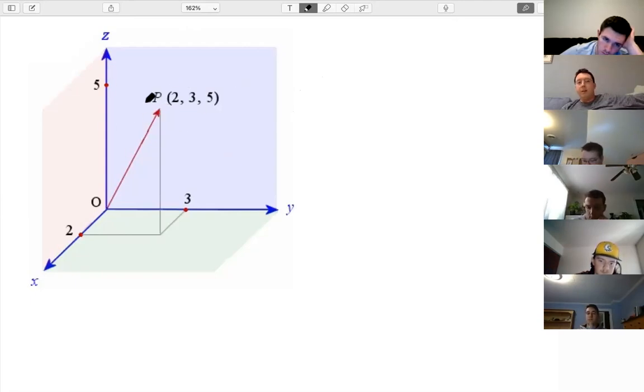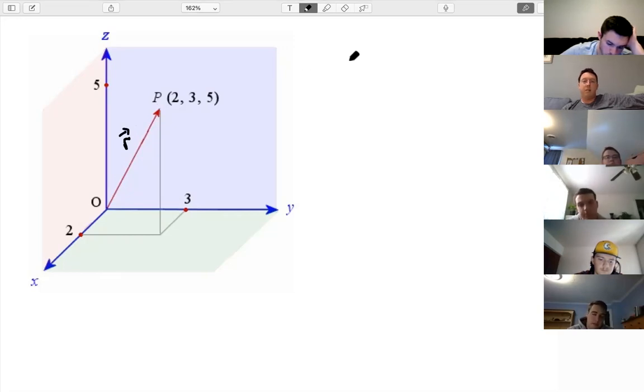Okay, so we have a point here in 3D, and I can equivalently describe it in terms of a vector extending from the origin. So how would you do that? Can somebody call it out? Usually I use R for a position vector.